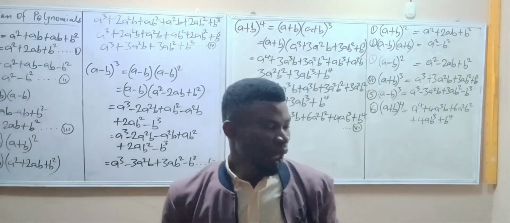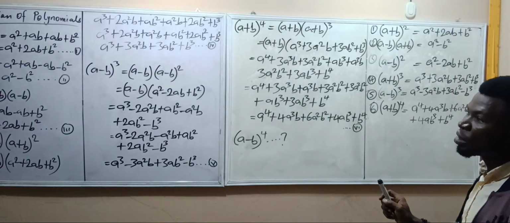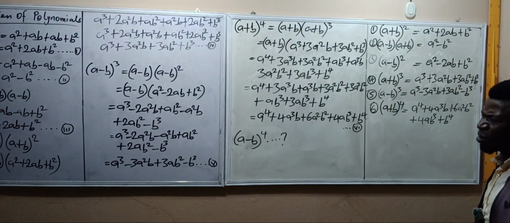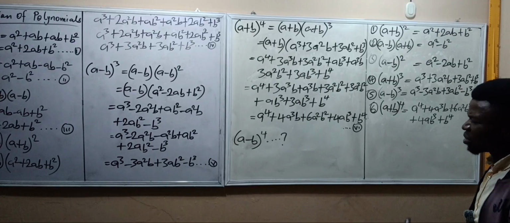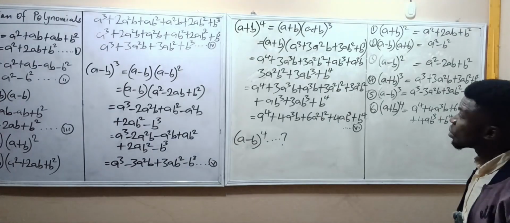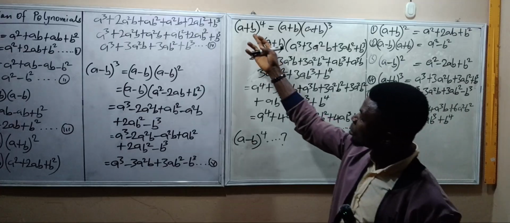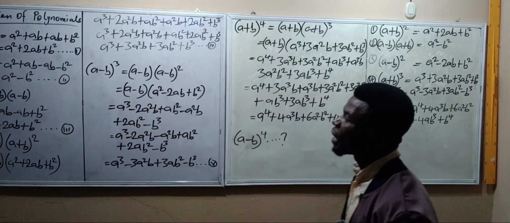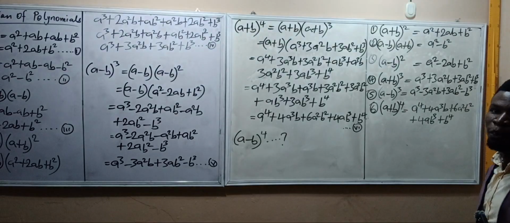Now, I purposely wanted to establish all this. When we are dealing with factorization, sometimes when we are solving we will meet something like these, and we'll be wondering whether we should just expand.